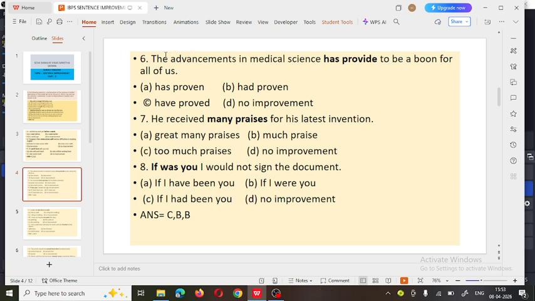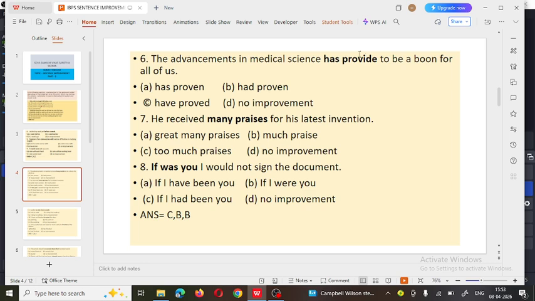Now we are talking about the advancements in medical science, so together we have to consider it as singular or plural. Accordingly, we need to use here has or have, as the sentence is in present perfect tense. And after has or have, we need to use the third form of the verb.